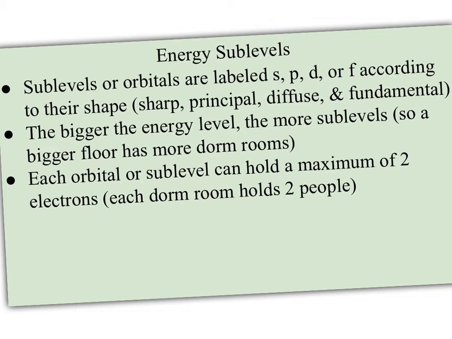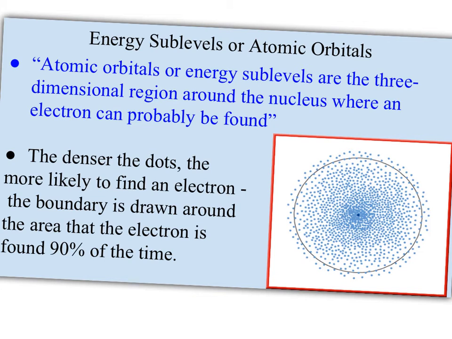But when you get that third one there, now you've got 2 of them going the same direction, and that creates a lot of repulsive energy, so they don't hang around each other. So just to recap, you're going to have an energy level like a floor. You're going to have these sublevels or orbitals, and each sublevel or orbital will hold just 2 electrons.